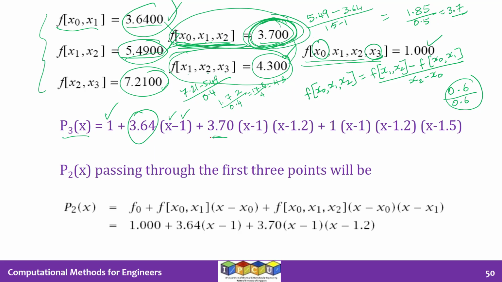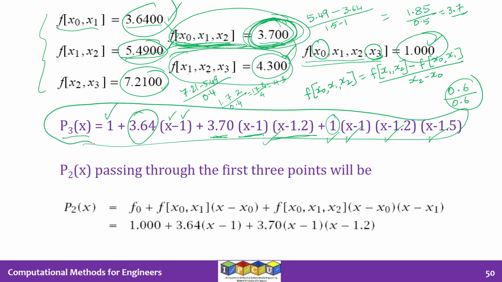So 3.7 x minus x0, so x minus 1 multiplied by x minus x1. x1 is 1.2. Therefore, this term makes sense. Then the third divided difference, the value is 1. That multiplied by x minus x0, x minus x1, x minus x2. x2 is 1.5. So this is the interpolating polynomial of order 3 that will pass through all the 4 data points.